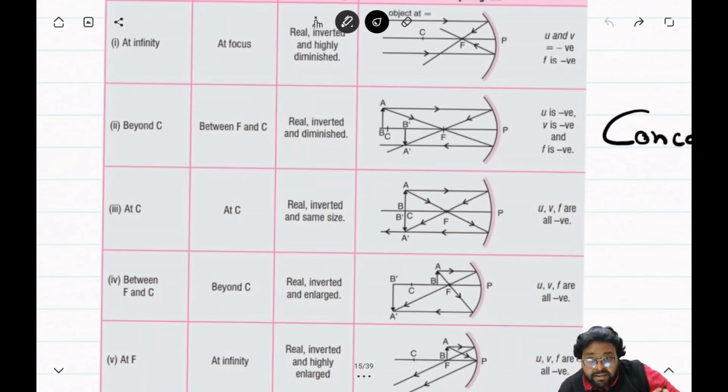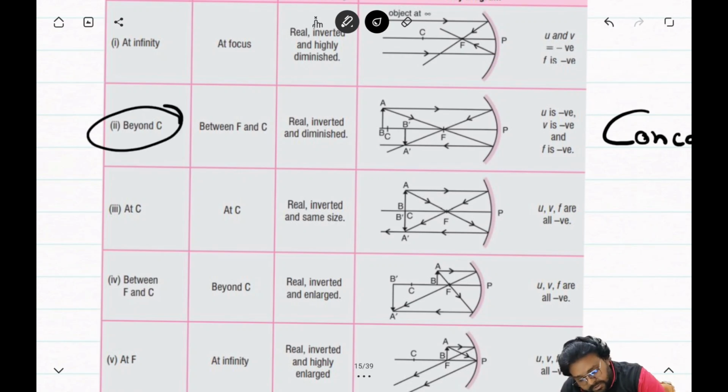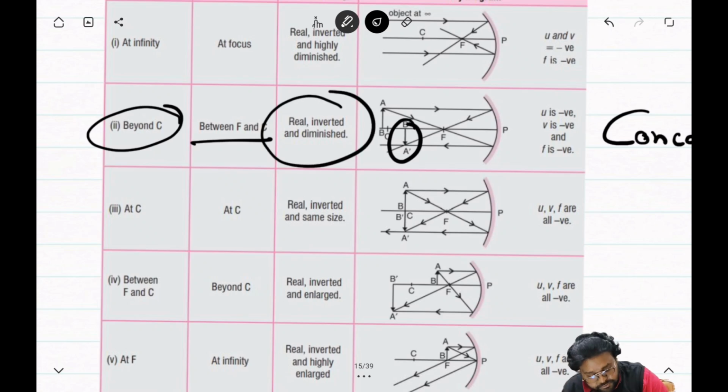If I bring the object from infinity to near the mirror, the image will start shifting from focus to ahead of the mirror. Now see, if the object is beyond C, that means C is here and the object is kept here, after reflection the image would be formed between F and C. The properties of the image would be real, inverted, and diminished.